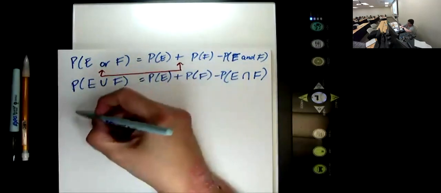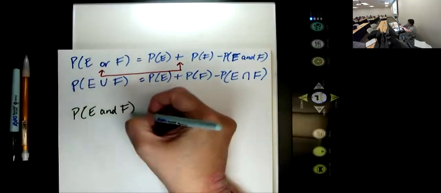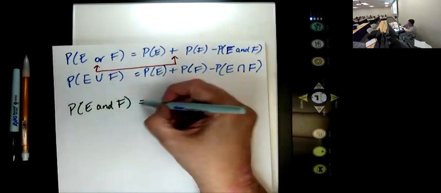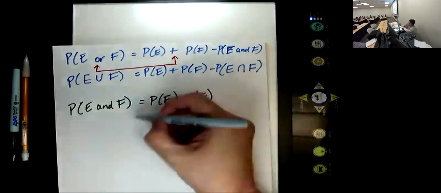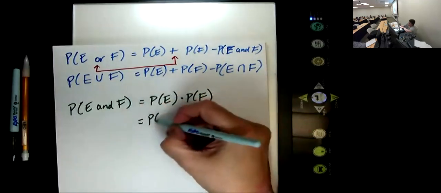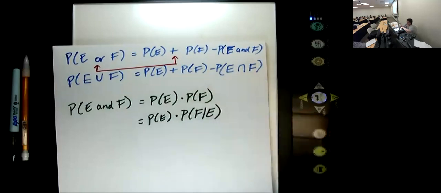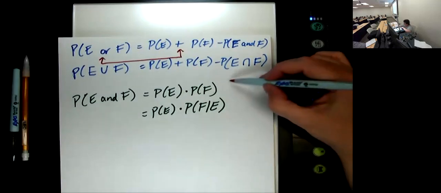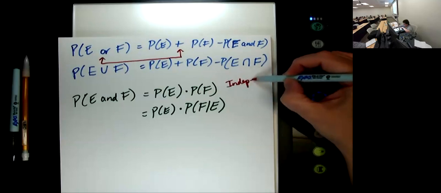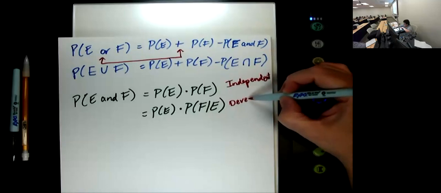Then we had probability of E and F. Had two outcomes. It was either probability of E times the probability of F, or probability of E times the probability of F given E. And this was for independent events. And this one was for dependent events.